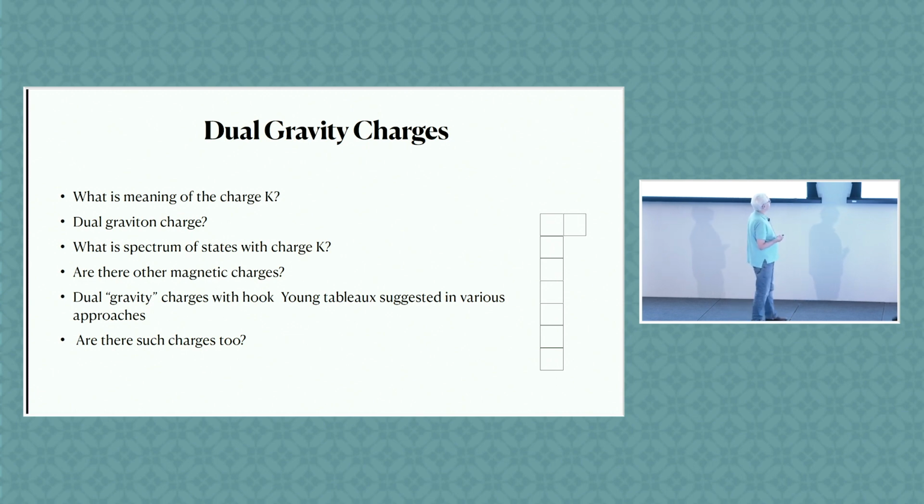And in a number of approaches, for example looking from the point of view of exceptional generalized geometry or exceptional geometry or E10 or E11, naturally give rise to various dual graviton charges which are associated with Young tableaux.